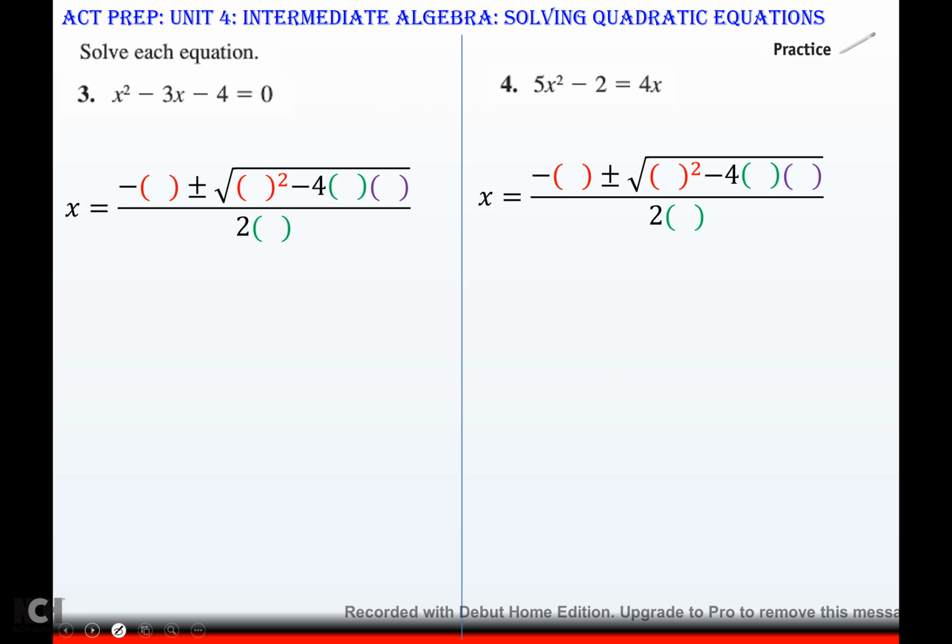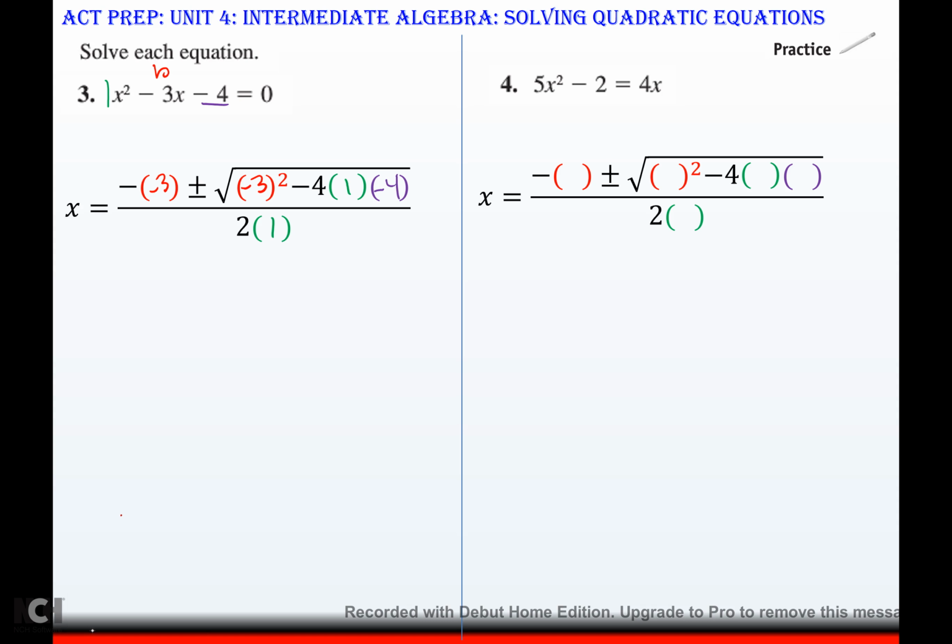Alright, and then they're just going to make me practice a whole bunch of quadratic formula. Okay, we're in standard form. So b is negative 3. A is 1. And c is negative 4.